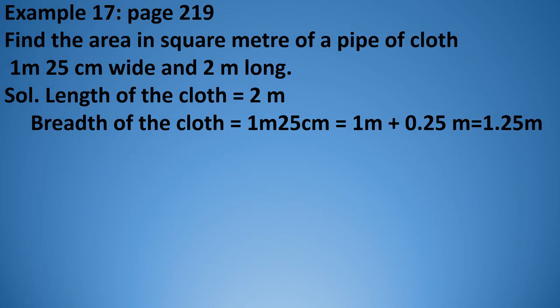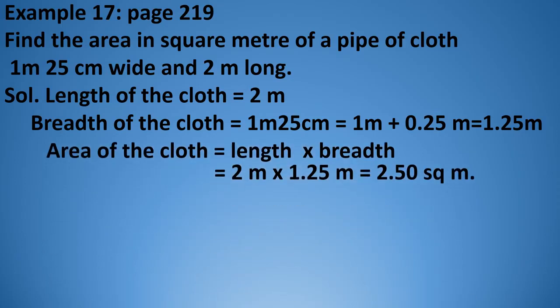Now length is also in meter and breadth is also in meter. So we will find the area of the cloth. It is length multiplied by breadth. 2 meter multiplied by 1.25 meter, which is equal to 2.50 square meter. Okay. See, in the question it says find the area in square meter, and we have also found the answer in square meter only.